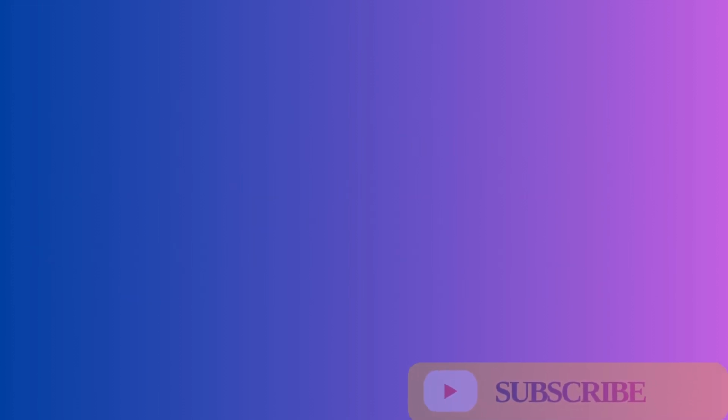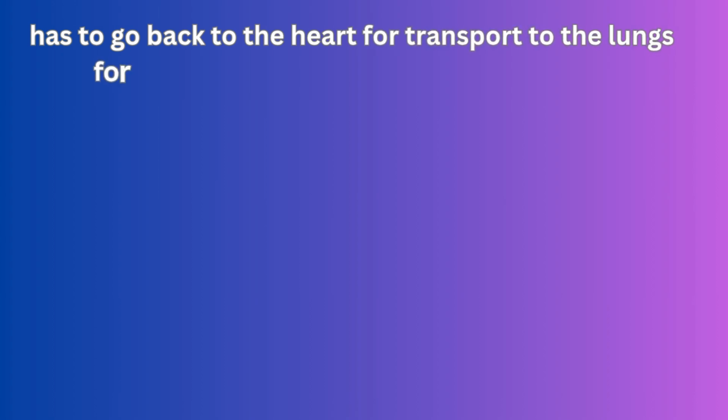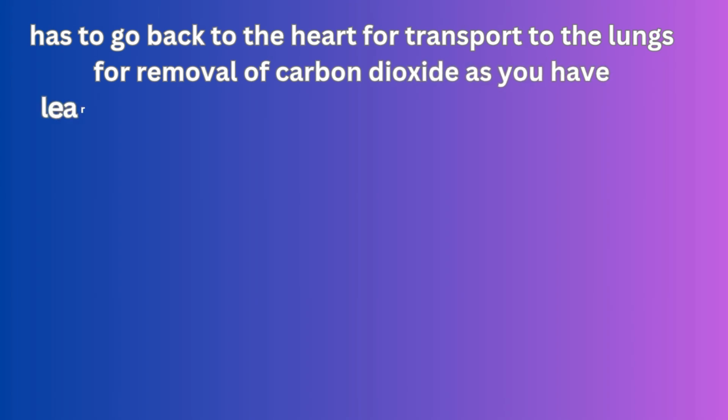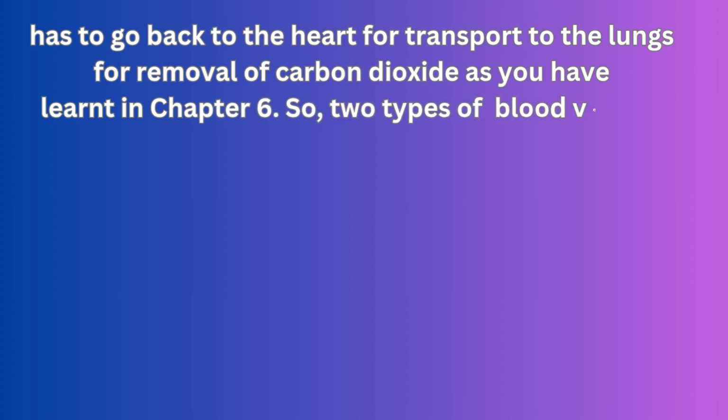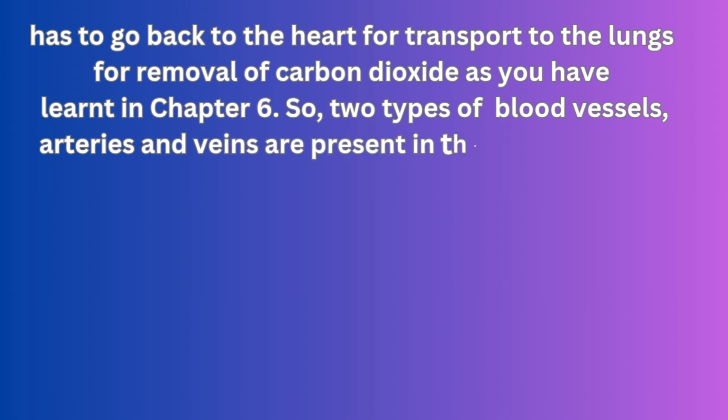This blood has to go back to the heart for transport to the lungs for removal of carbon dioxide, as you have learnt in Chapter 6. So, two types of blood vessels, arteries and veins, are present in the body.